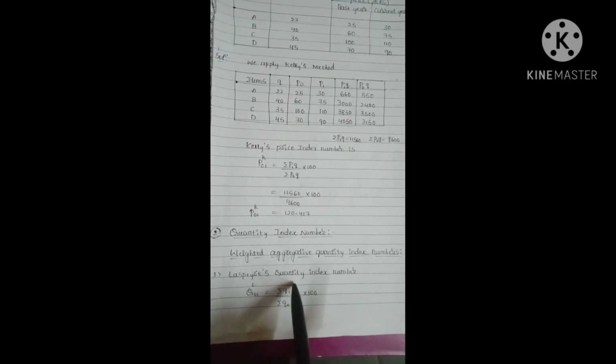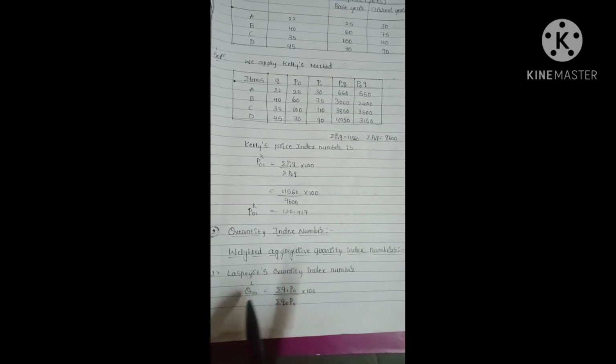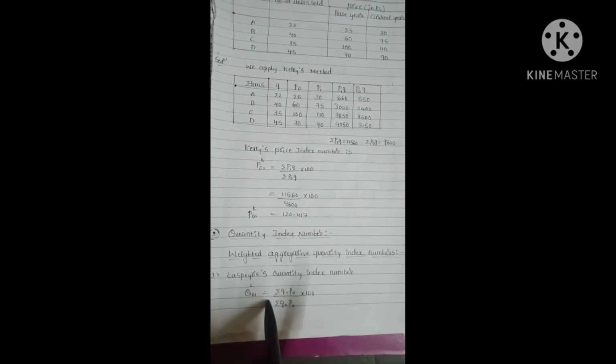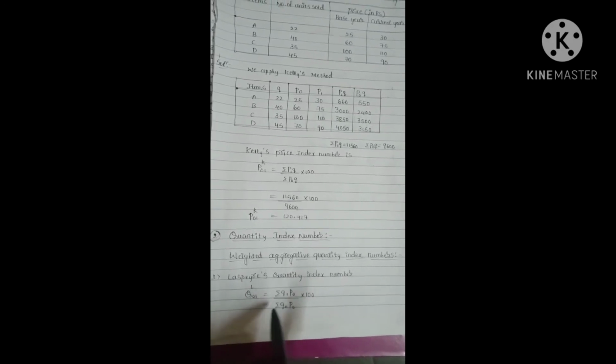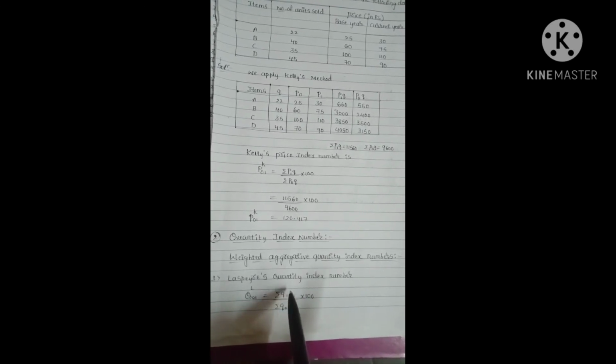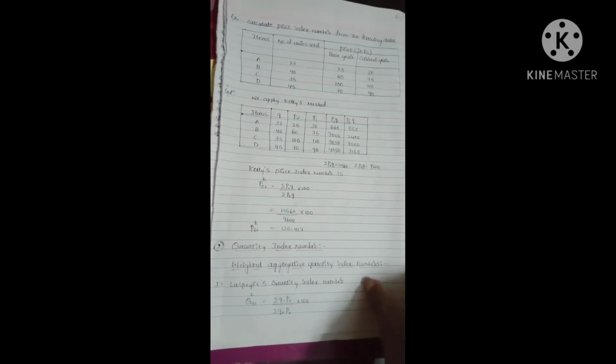Here we take the price in the base year. Laspeyres's means price in the base year in numerator and denominator. That is the first method.